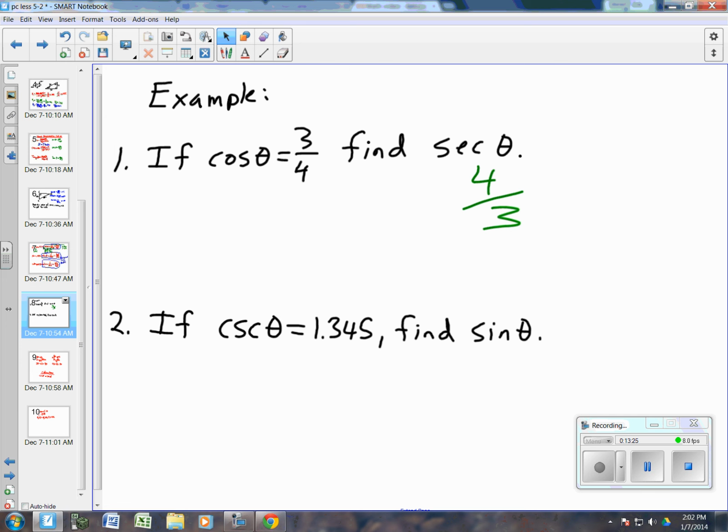Sine is the reciprocal, so it's just going to be 1 over 1.345. So whatever that is, it's going to be about 0.7, somewhere around 0.8. Okay, so you did it right.